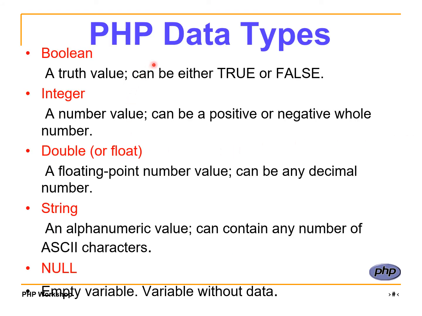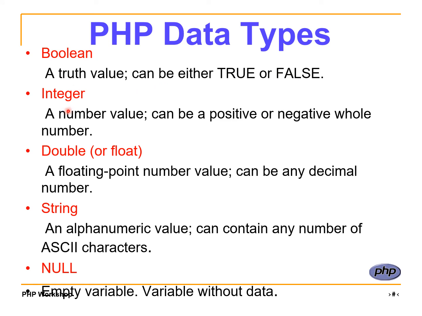Now let us have a look at the different PHP data types. We have several data types in all programming languages. Likewise, PHP also has multiple data types. Boolean is used for representing a Boolean value. True or false are the possible values for Boolean data.